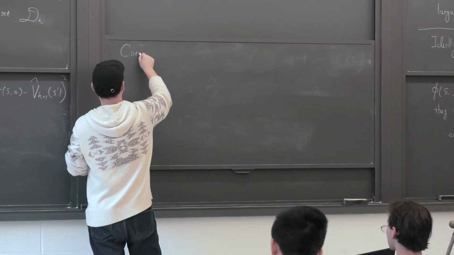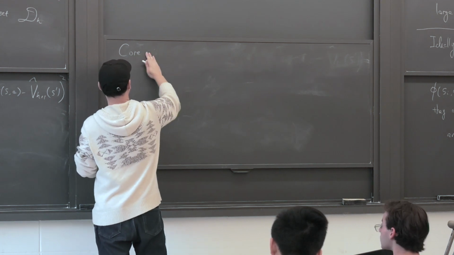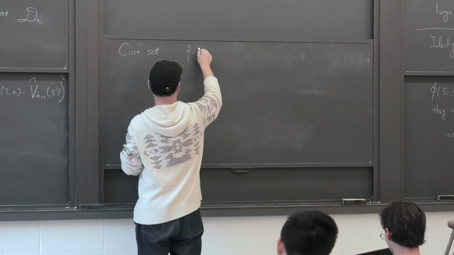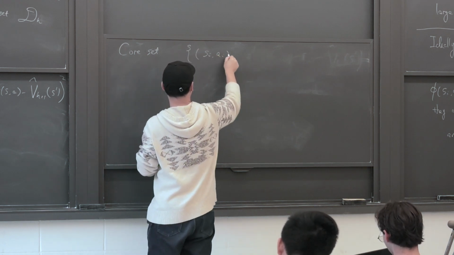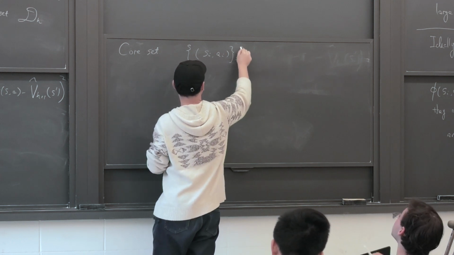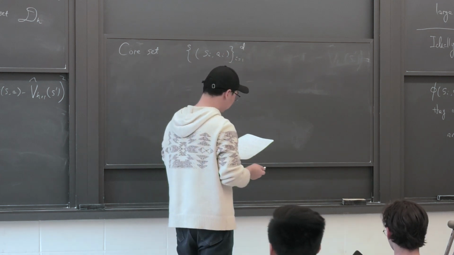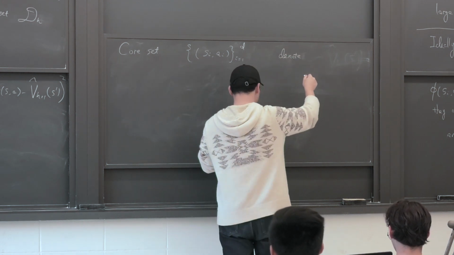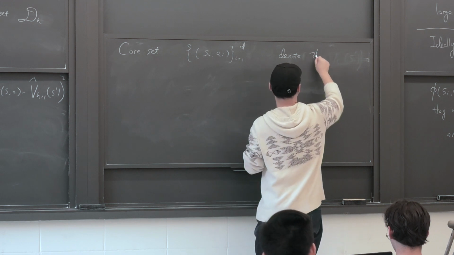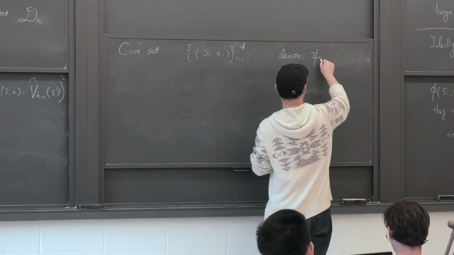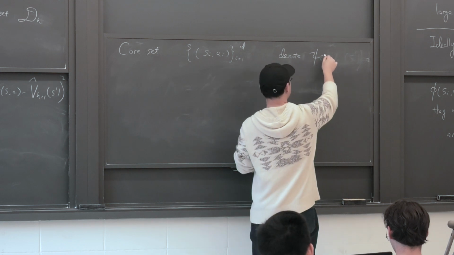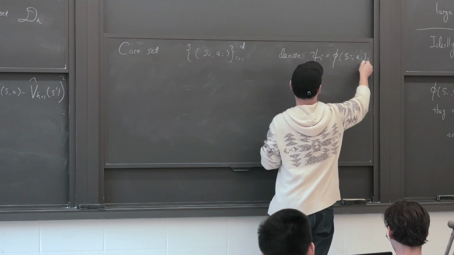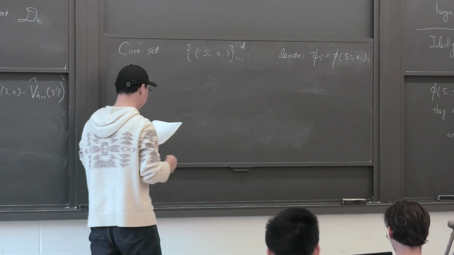By saying something is a core set, we mean the core set is a set of d state action pairs. And specifically, we denote the feature map of the state action pair s_i, a_i in this core set to be psi_i.